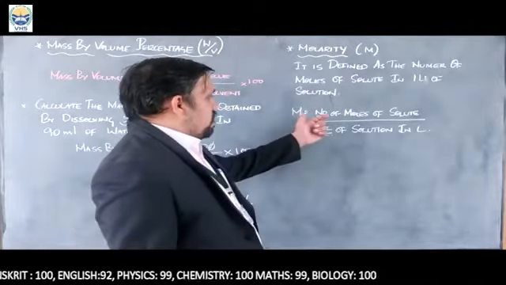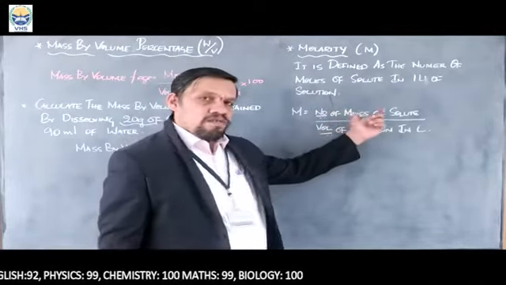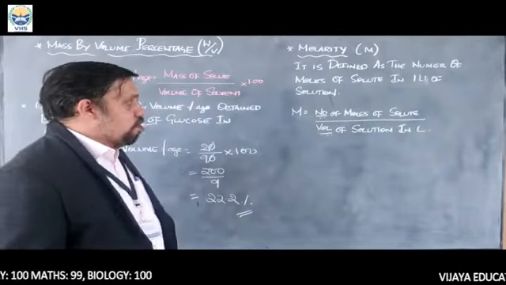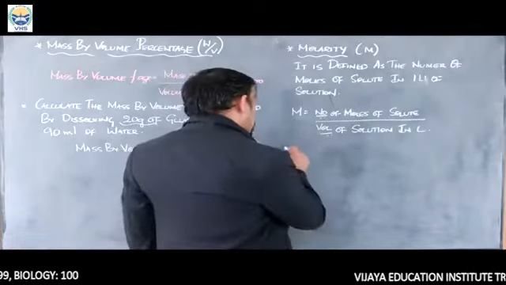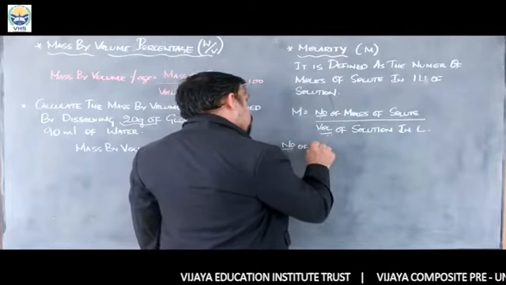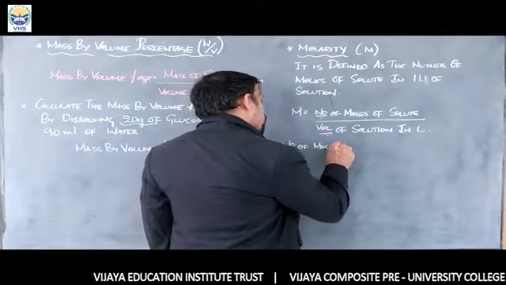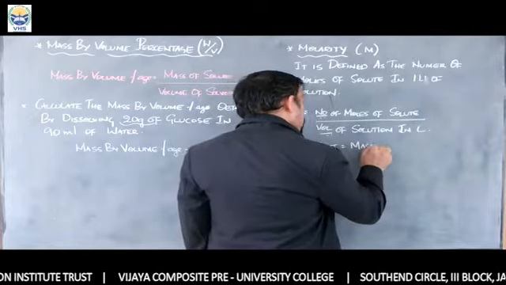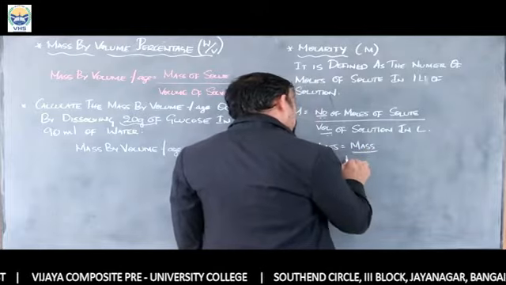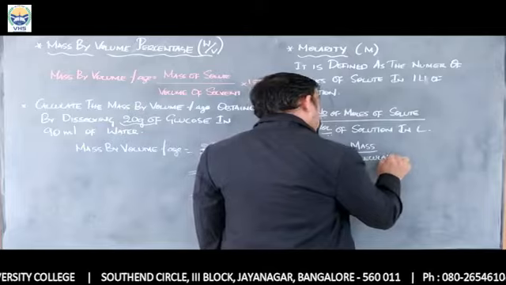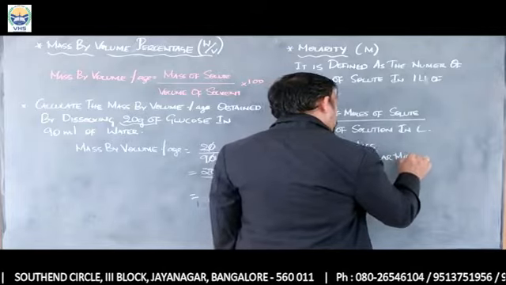Anyway, I think you are coming across a term called moles over here. Hope you try to remember something regarding moles. So we can write it as number of moles is nothing but mass divided by molecular mass.